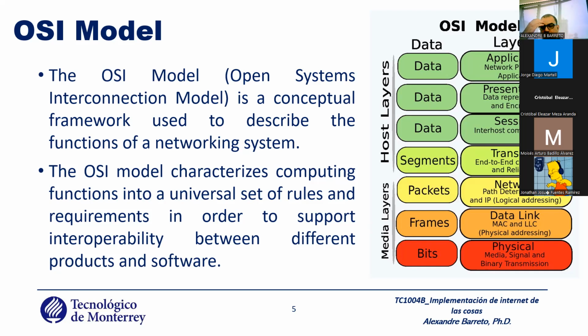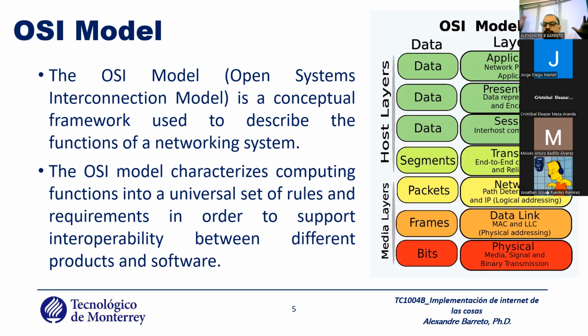But the ISO or OSI started to think, oh, it's not a bad idea to break the task in small parts, and one provider can provide only the functionality to insert the data in the channel. Another can provide only the functionality related to routing messages.